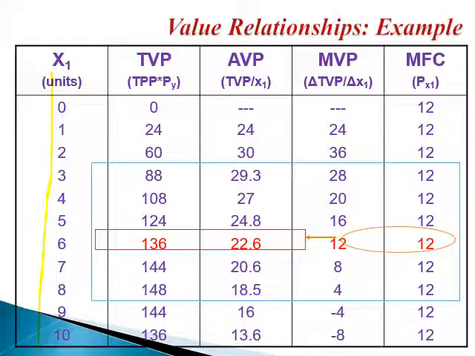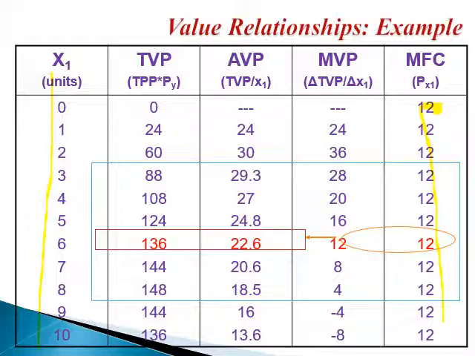Okay? So here we assume that we have a market price for the variable input, and that market price is set at 12 pounds a unit, which doesn't change in the short run, whether you are buying a lot of X1 or are buying a little of X1. Anyway, even if you buy zero amount of X1, it still has a market price that is equal to 12. And that's why this column is constant all the way and set at 12.